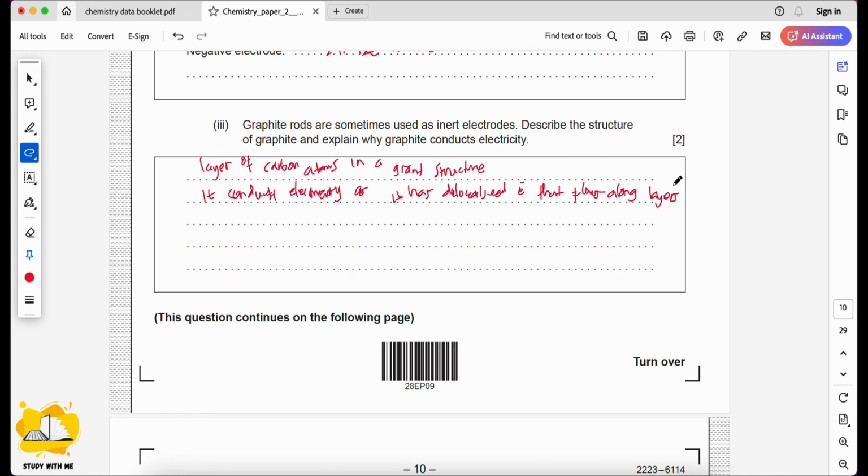Each carbon atom is bonded to 3 other carbon atoms, forming strong covalent bonds within layers. Within each layer of graphite, 1 electron from each carbon atom is delocalized, facilitating the flow of electric current, allowing it to conduct electricity effectively.